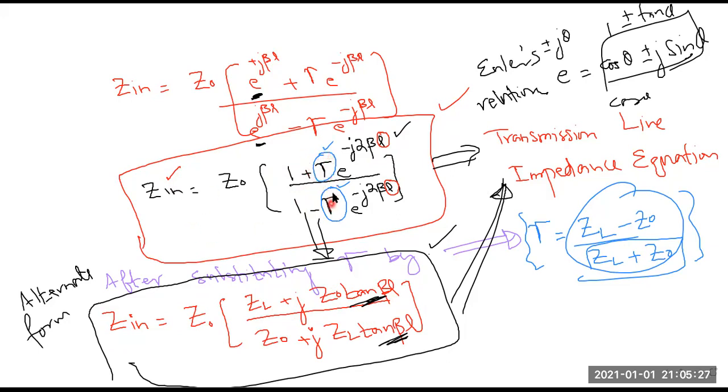But if reflection coefficient is not given but ZL is given to you, then it makes sense to use this expression to find impedance. But whether you use this expression or this expression, the final result will be the same, because reflection coefficient and ZL are related to one another using this expression. Okay.